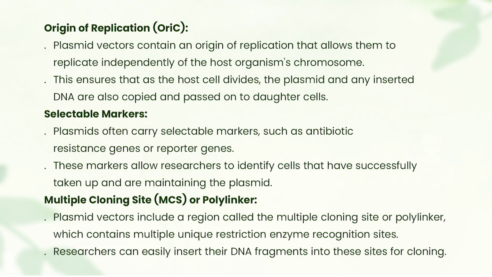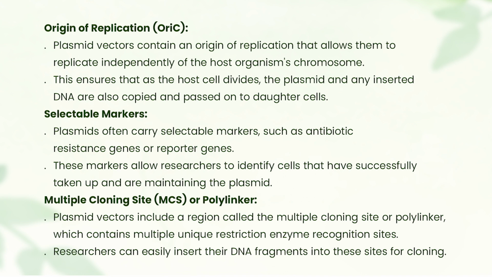If we see the origin of replication, plasmid vectors contain an origin of replication that allows them to replicate independently of the host organism chromosome. This ensures that as the host cell divides, the plasmid and any inserted DNA are also copied and passed on to daughter cells.